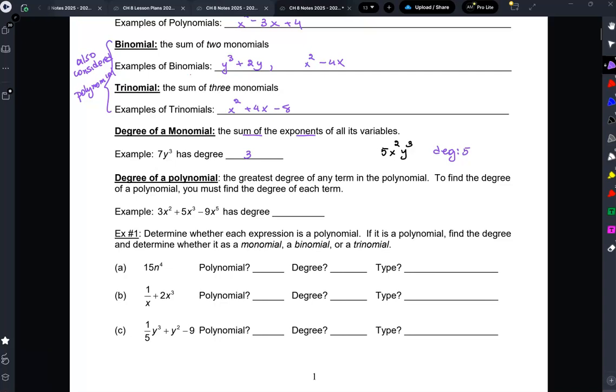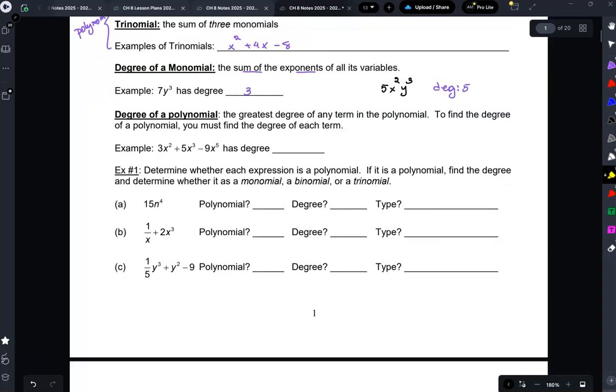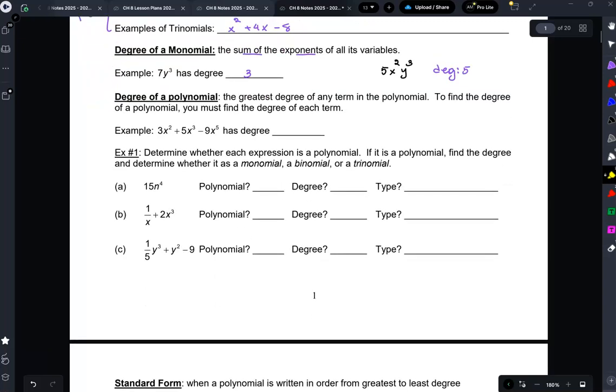Oh, yeah. Okay. The degree of a polynomial is the highest degree between each of the terms. So, for example, in the first monomial, what's the degree? 2. In the second one, what's the degree? And in the third one?